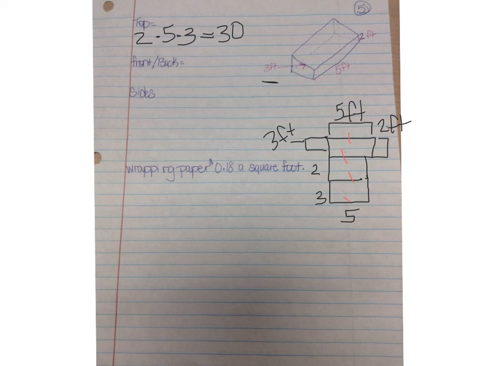The front and back. Okay, so here's the front. Well, let me circle it in blue. Here's the front, and here's the back. Okay, so the front and back, there's 2 of them, so we're going to go 2 times 5 times 2, which equals 20, all you math geniuses. Okay, now we have the sides, and there are 2 sides.